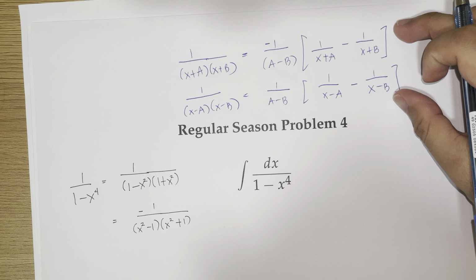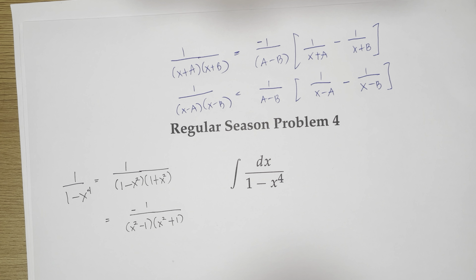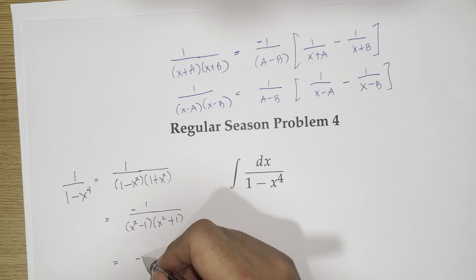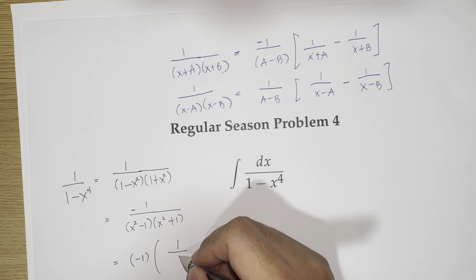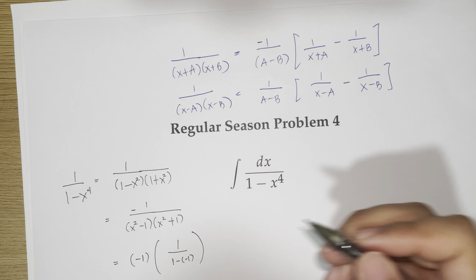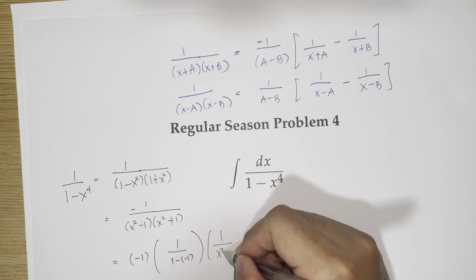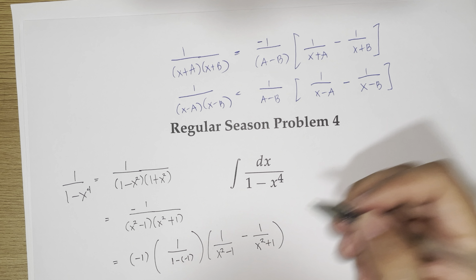So this is the shortcut for partial fraction decomposition. In this case, a and b are 1 and negative 1. So this is negative 1 of 1 over 1 minus negative 1 times 1 over x squared minus 1 minus 1 over x squared plus 1.